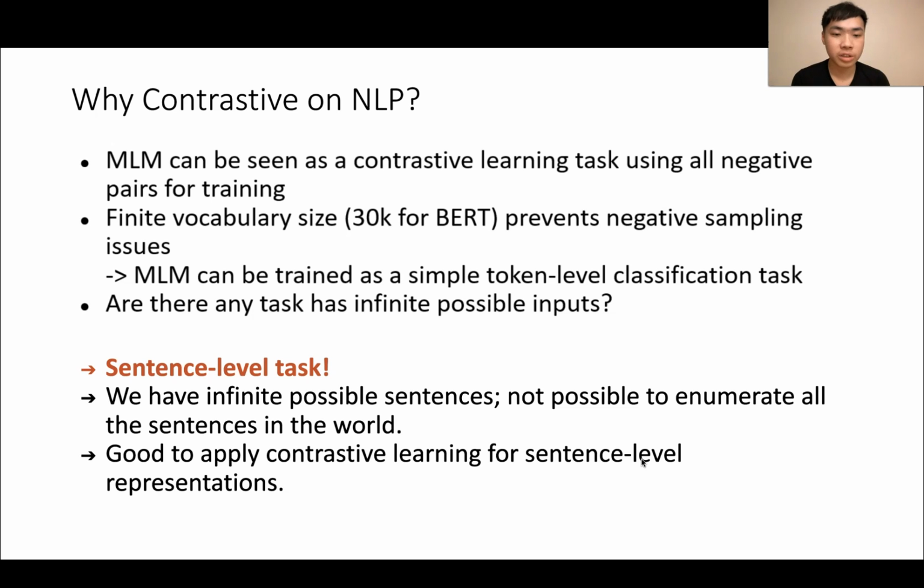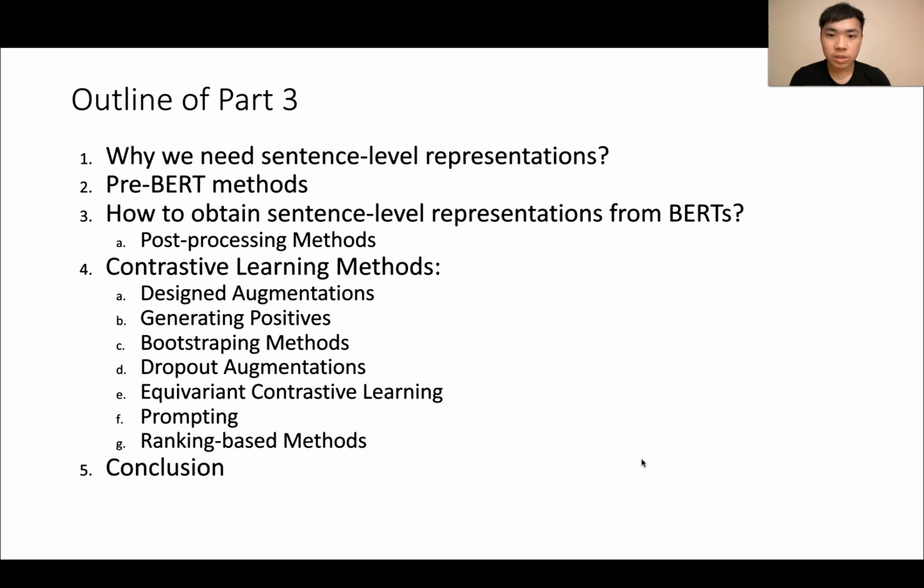So we need the negative sampling process. The sentence-level task will be a good field to apply contrastive learning to learn a good representation space. So in the rest of this tutorial, I will mainly talk about sentence-level representation.